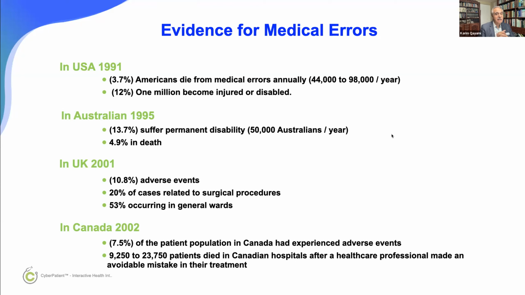Canadian statistic is not better than those. We have 7.5% of patients per year subjected to adverse events. And that equals about 24,000 people dying in Canada per year. Well, our population is much smaller than the United States.